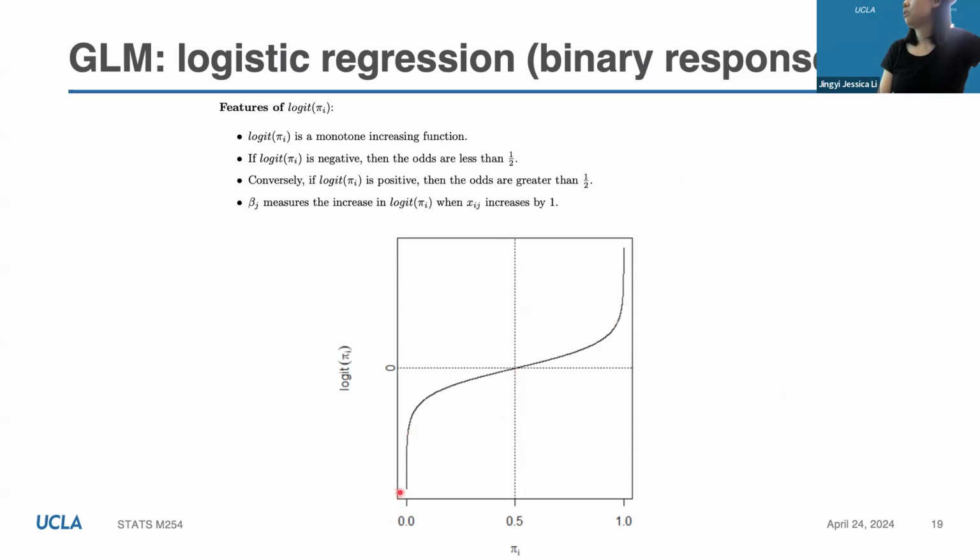When pi_i is going down to 0, logit(pi_i) goes down to negative infinity. When pi_i goes to 1, logit(pi_i) goes up to positive infinity. So it's a monotone transformation, but the x range is 0 to 1, and the y range is negative infinity to positive infinity. So you do this transformation, and you assume the transformed pi_i, logit(pi_i), is a linear function. Yeah, so this is the example for logistic regression.